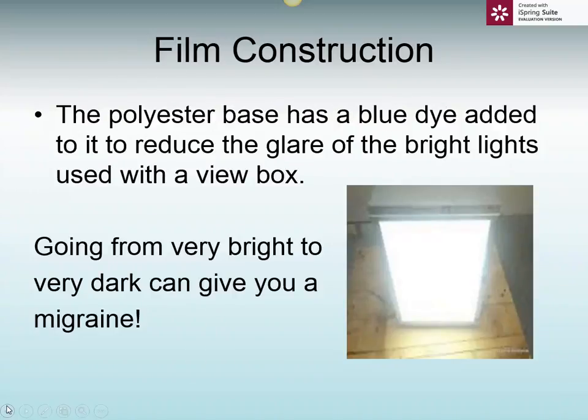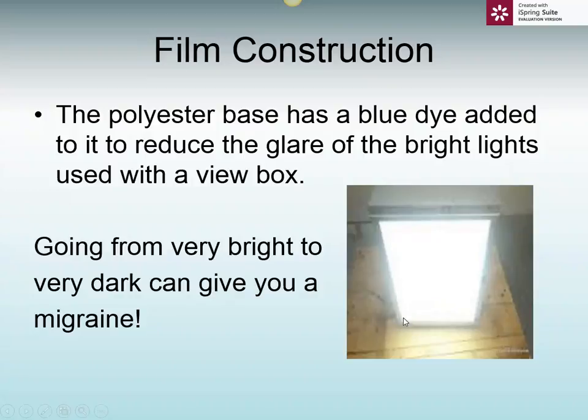Okay, the polyester base, they added a blue dye to it. This is kind of a faint blue dye, and the whole point behind that was if you put a piece of film up there, let's say for example it was a 14 by 17, and you had collimated it tightly down for a thoracic spine, it would only take up a portion, the middle portion here for example, of the image.